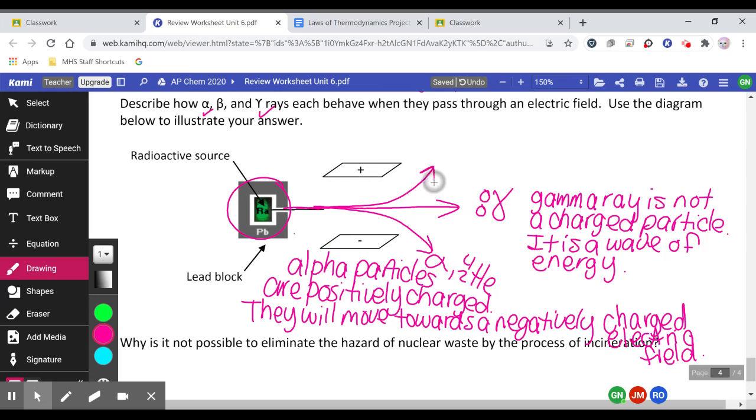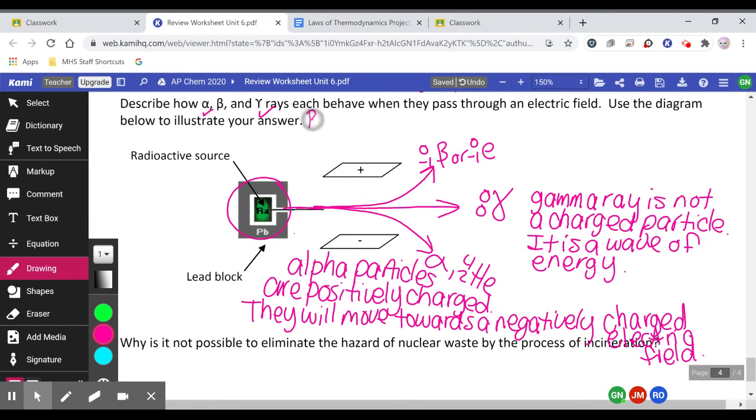Okay, so now when we describe that beta particle, when it's emitted from that source, a beta particle is like an electron, right? It's negatively charged, so it's going to go towards the positive side of that electric field. Okay, so we can label it beta or an electron.